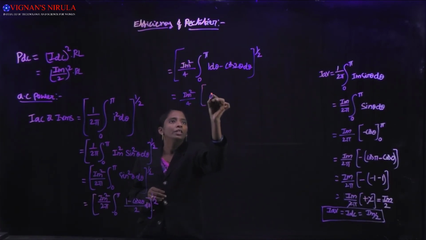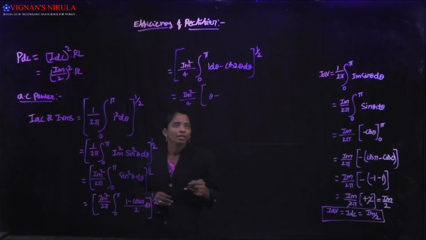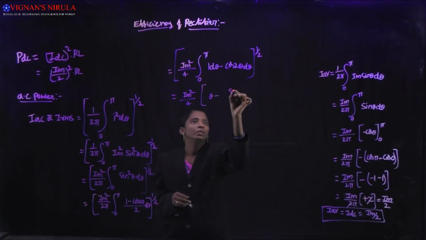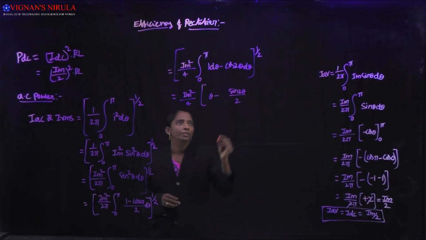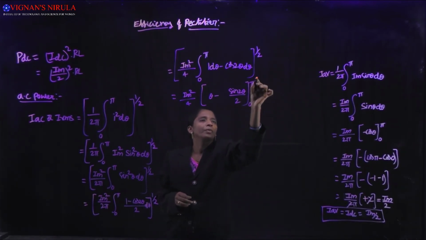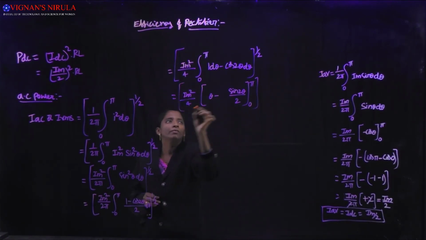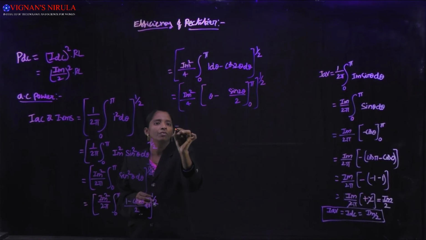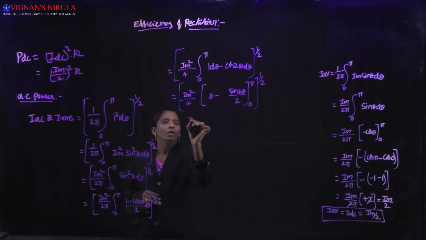Write the integration for this one. So theta minus the integration of cos 2 theta, which is sin 2 theta divided by 2, from 0 to pi, all under the square root of 1 by 2.